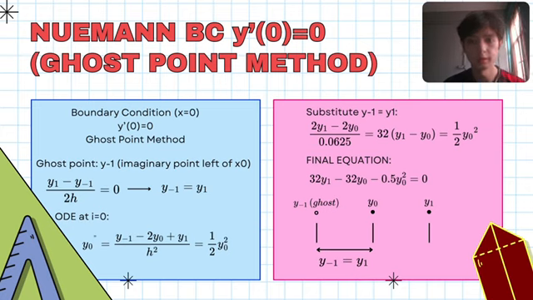Then we multiply both sides by 16, and we get 32 times (y1 minus y0) equal to 0.5 y0 squared. Finally, bring everything to one side, and we get 32y1 minus 32y0 minus 0.5 y0 squared equal to 0.